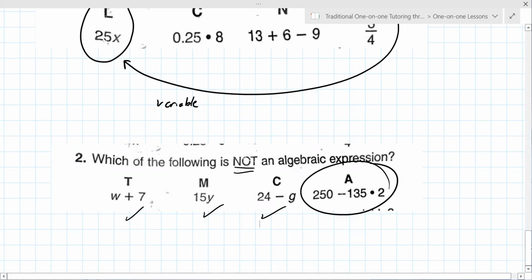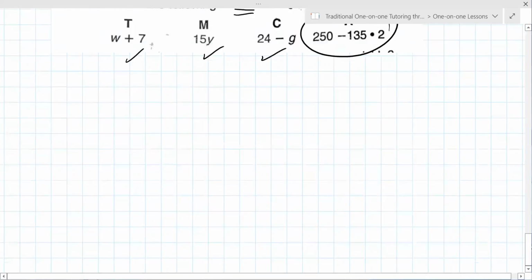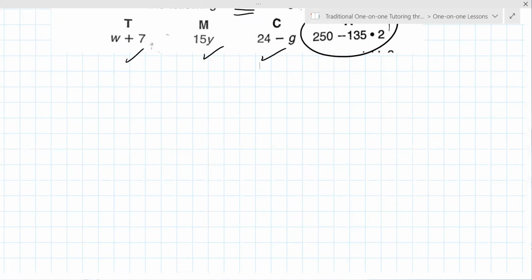Okay. Evaluate the expression for a given value variable. All right. So for number 3, I think we did some problems like this. You're actually solving the equation now. For whatever reason, they switched right to an equation from expression, but you're solving the equation.